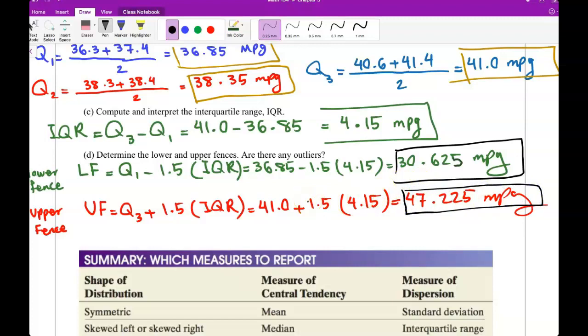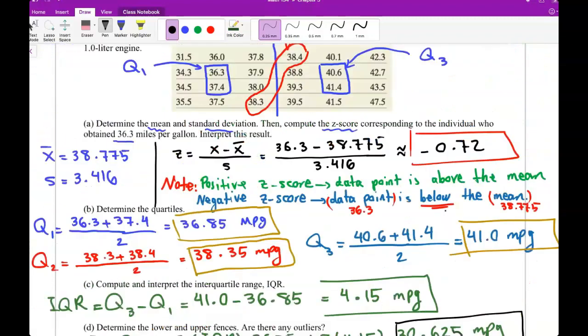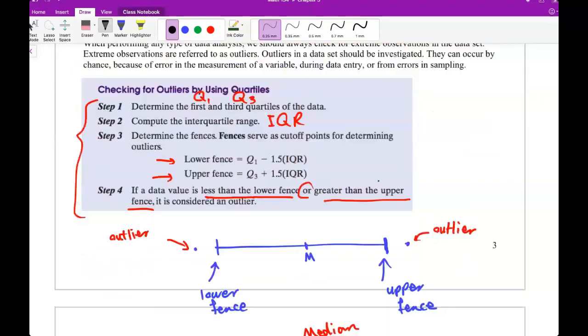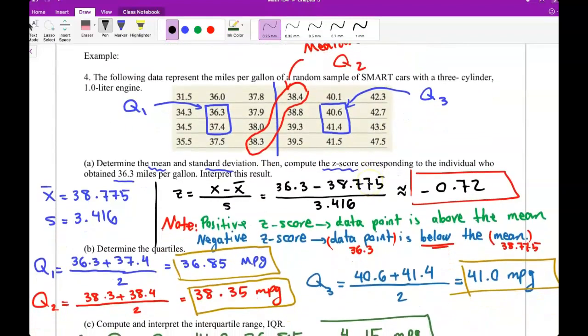Now we should find out whether we have an outlier, any data value less than the lower fence or larger than the upper fence. Let's see if we have that.